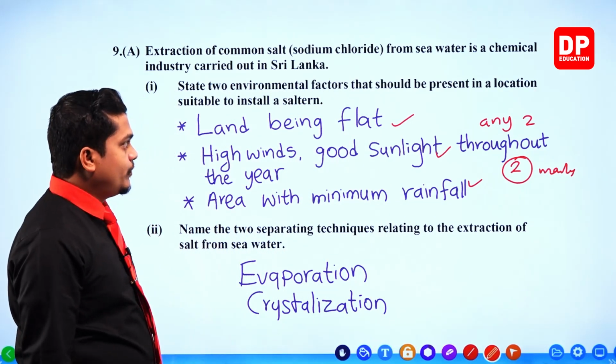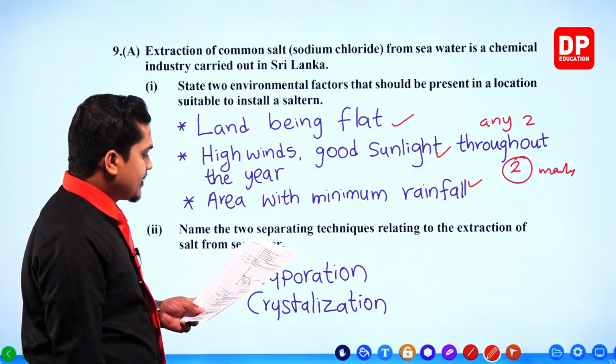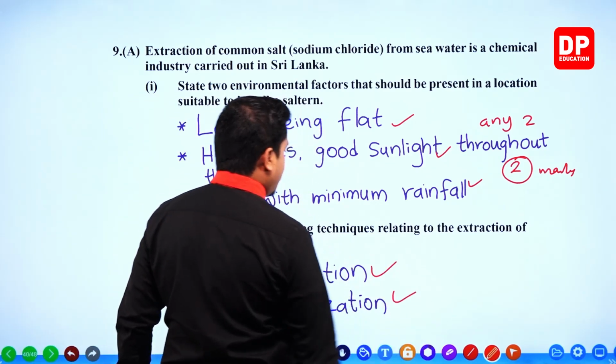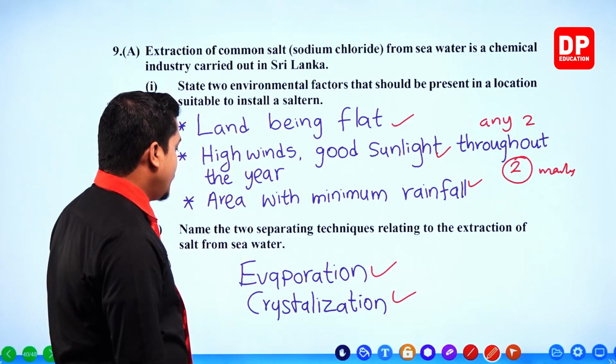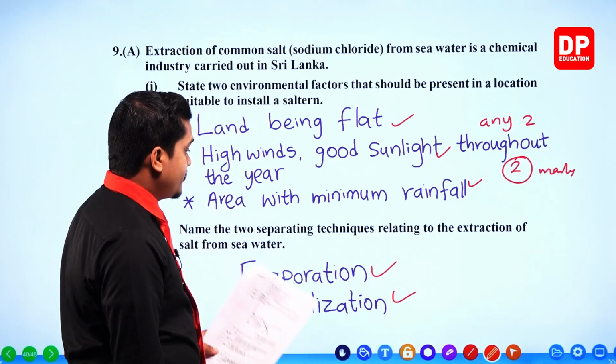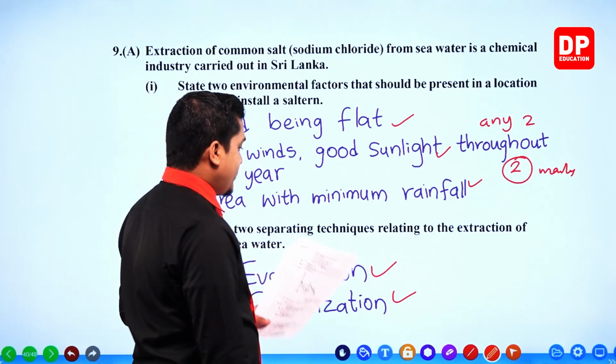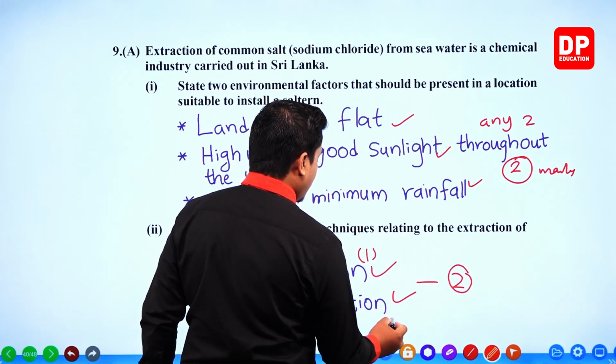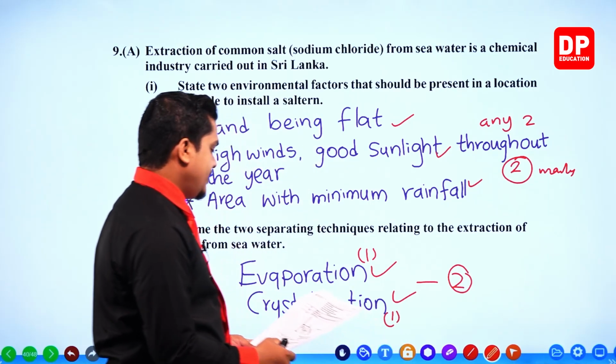For any 2, you'll be receiving 2 marks. Then for the 2 processes which are used for the extraction of salt, you'll be receiving 2 marks. 1 each, okay? 1 each. Then the next one.